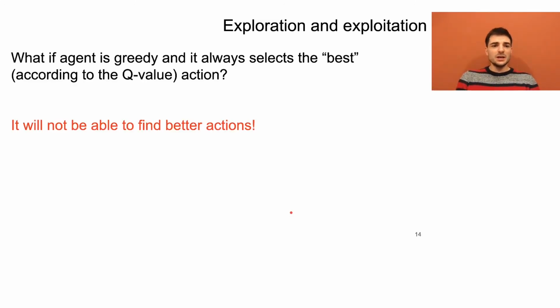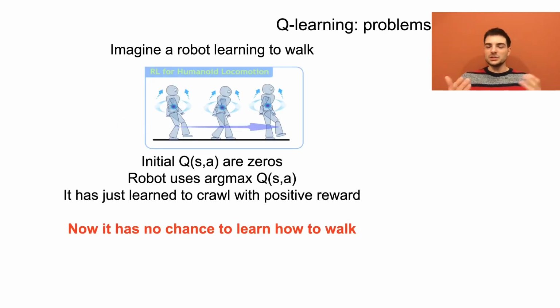Then our agent is unable to find better actions which it hasn't learned yet. If our agent doesn't know anything about the environment, it selects a first action which is shown to increase the reward. After that, it will always select this particular action in this state because it delivers the maximum Q-value. All others still have zero. So that's a problem, and that's why we need to fix it.